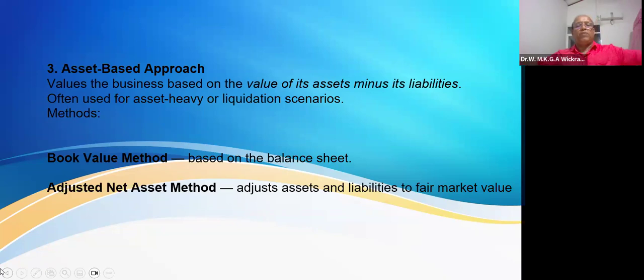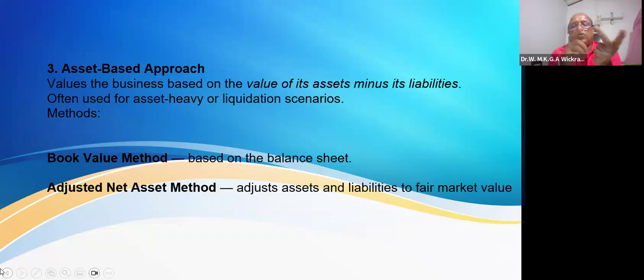So this is purely a term of valuation or accounting background, but you can understand. This values the business based on the value of its assets minus liability. So you can simply work out your value. Take all your assets into consideration and put that value.